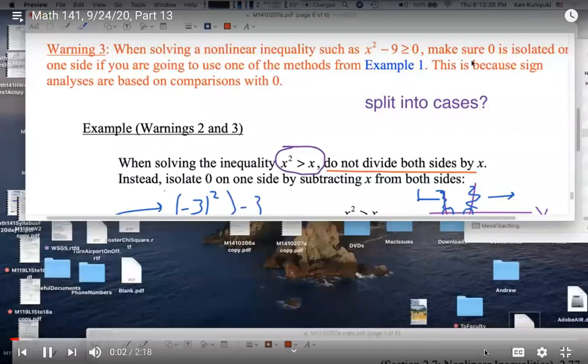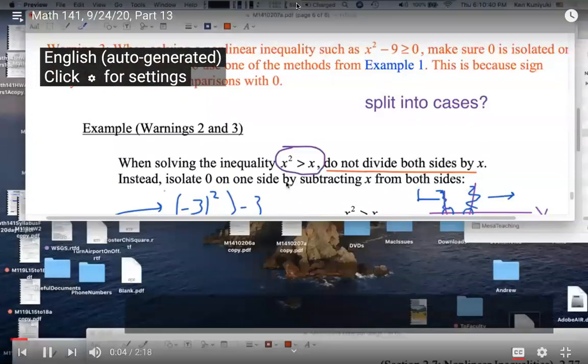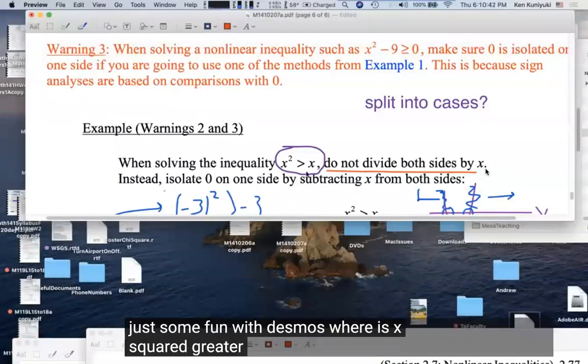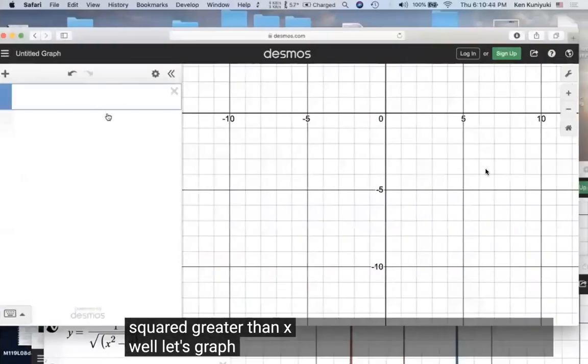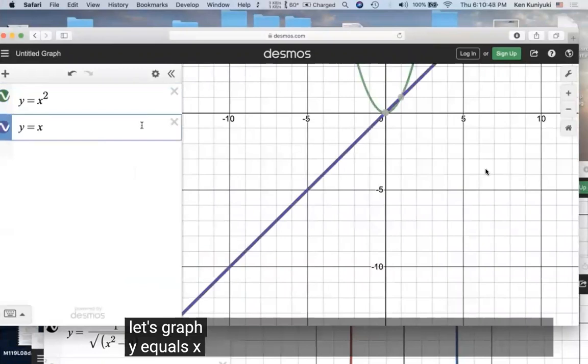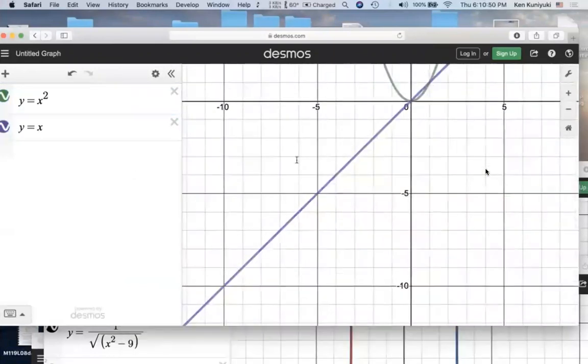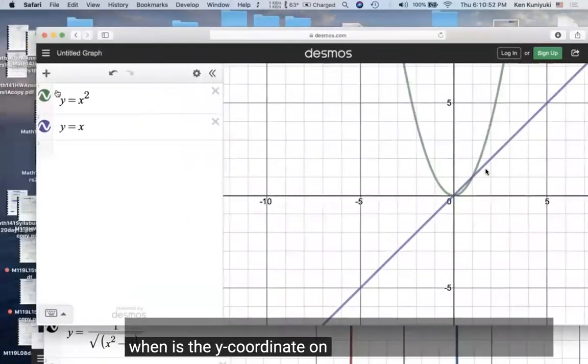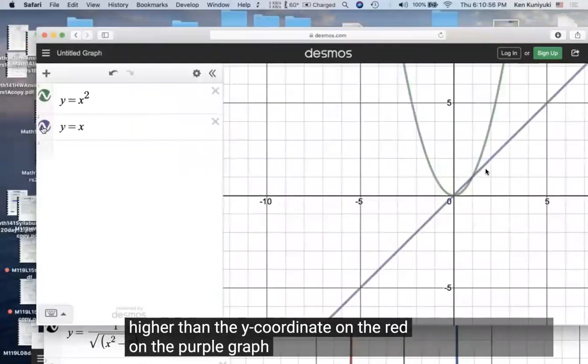But let's have some fun with Desmos, and then that's it. Hi, everyone. Just some fun with Desmos. Where is x squared greater than x? Well, let's graph y equals x squared. Let's graph y equals x. When is the y coordinate on the green graph higher than the y coordinate on the purple graph?